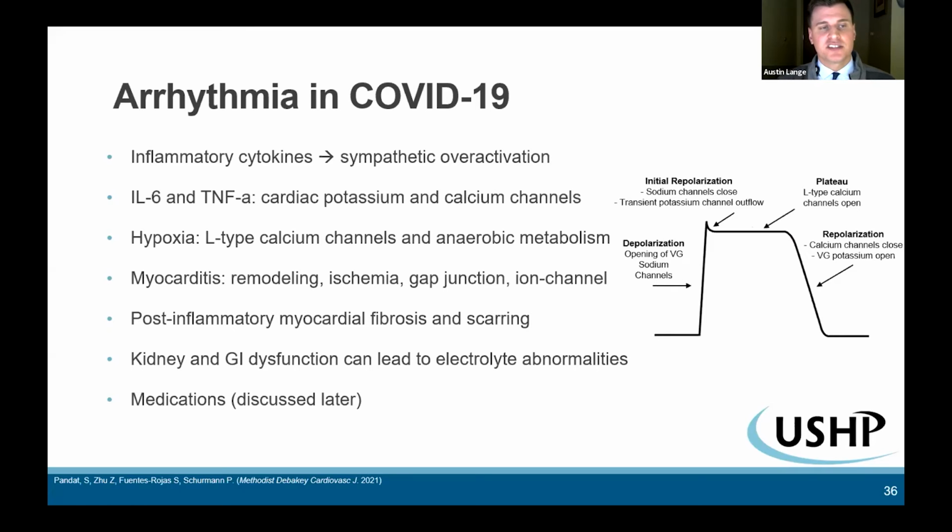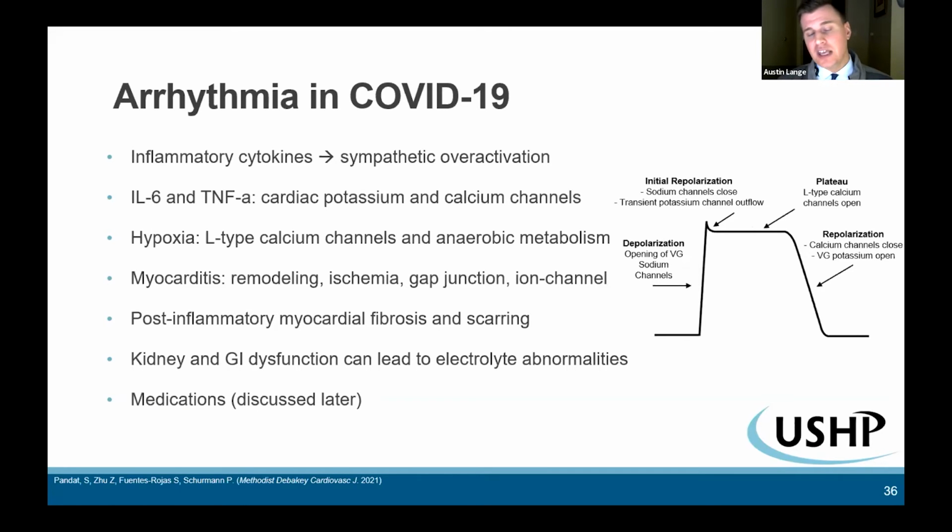And we talked about myocarditis, remodeling the tissue, ischemia potential within myocarditis, as well as gap junction, which is important for impulse conduction, and ion channel dysfunction, which can all lead to arrhythmia. As well, the post-inflammatory response within the tissue can cause fibrosis and scarring, which can have re-entrant arrhythmias as a potential.